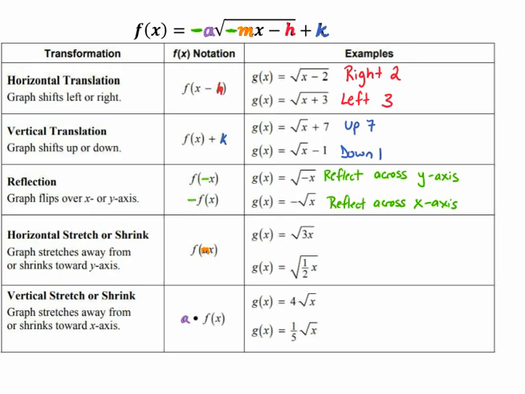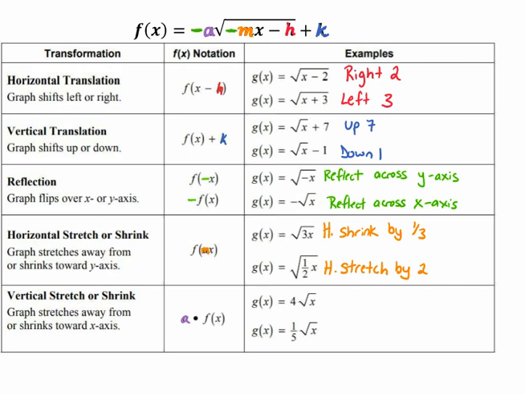So it either moves towards or away from the y-axis. Now this one's on the inside, so it's going to be the opposite of what we think should happen. Because the square root of 3x, we think that that should be a stretch. But really, that's going to be a horizontal shrink by 1/3. So we're going to be using the reciprocals of the numbers. For the square root of 1/2 x, we're going to be horizontally stretching this by a factor of 2.